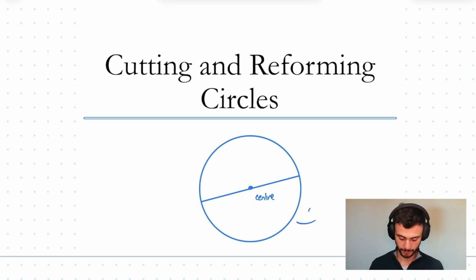Okay? And any line passing through the center of the circle and touching each side of the circumference is called the diameter. Now, the length from the center of the circle to the circumference, which is half the diameter, is called the radius.